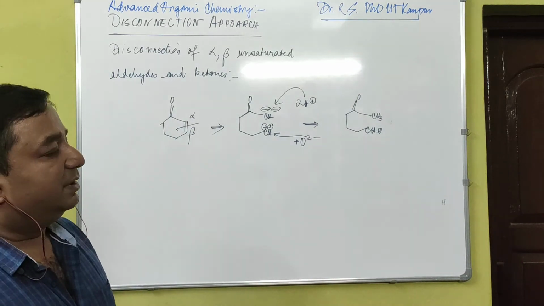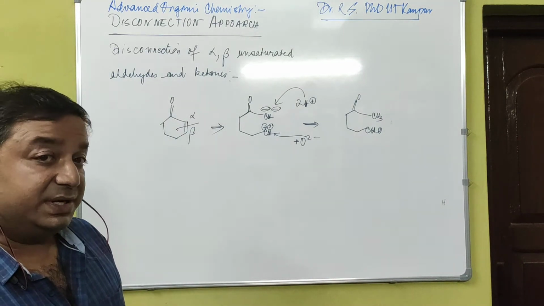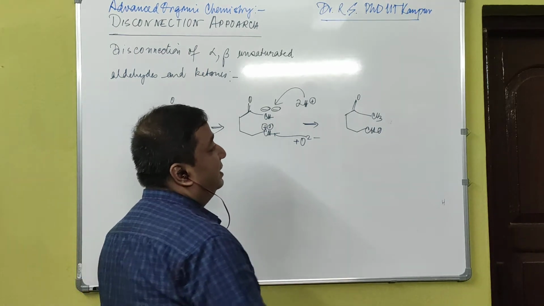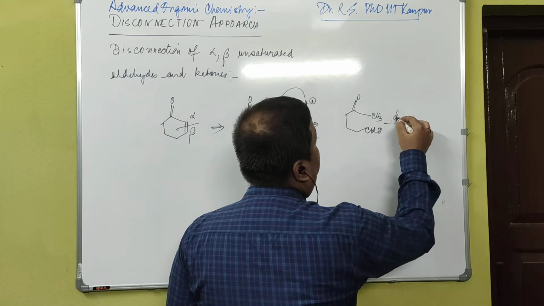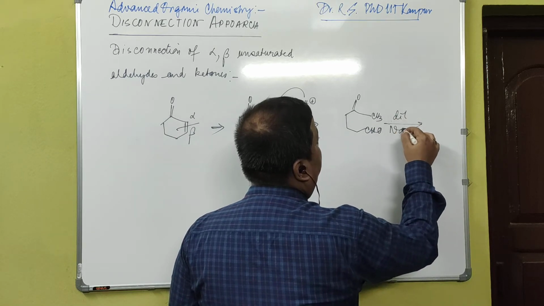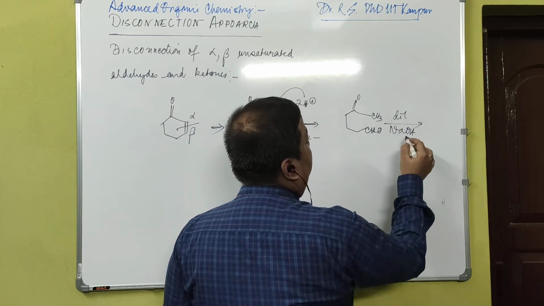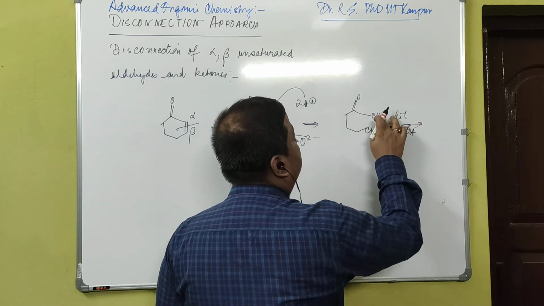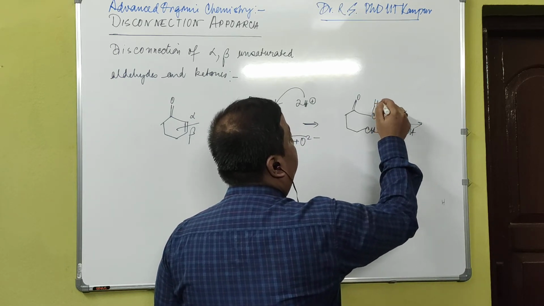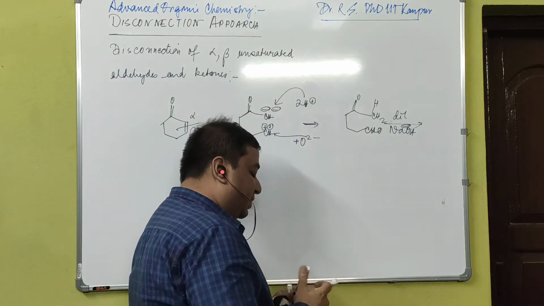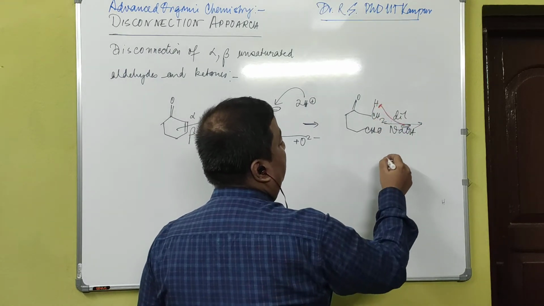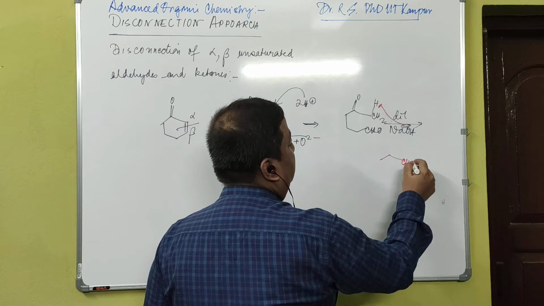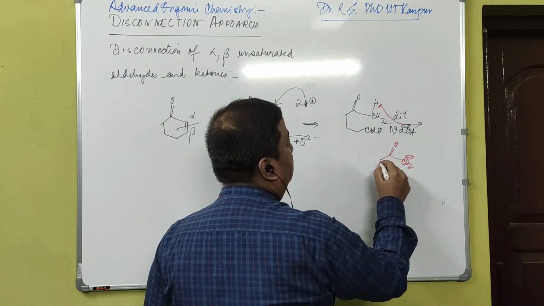Alright. Now if you do the intermolecular aldol condensation reaction, what will you say? So obviously I will take, if I give you the dilute NaOH, here the OH minus, you will say, sir, I will take away the proton from here, and that will give me the carbanion.